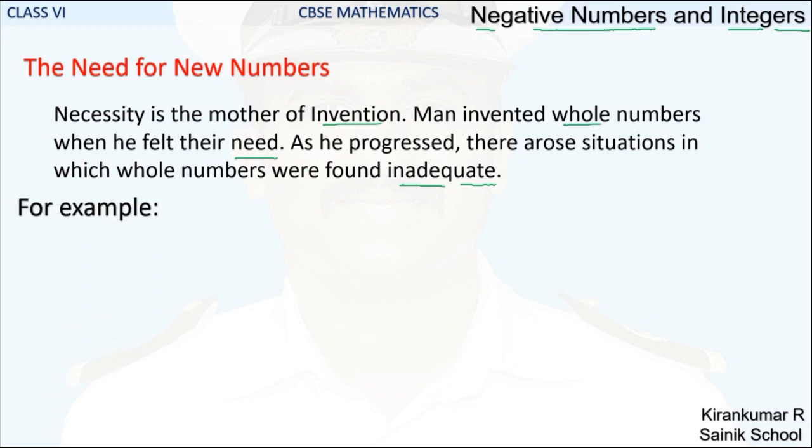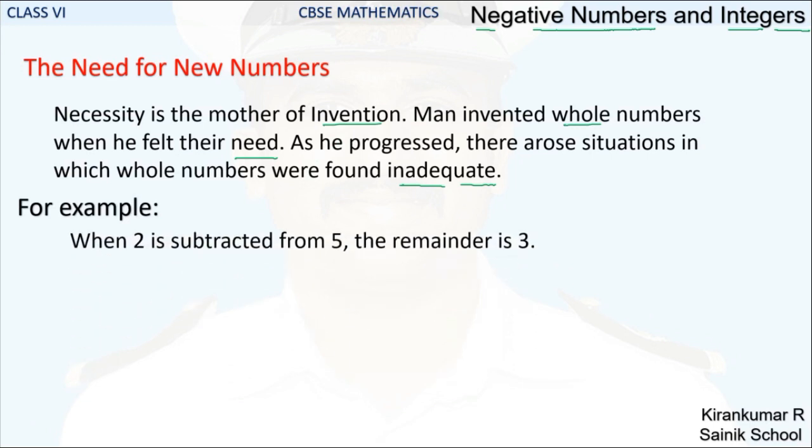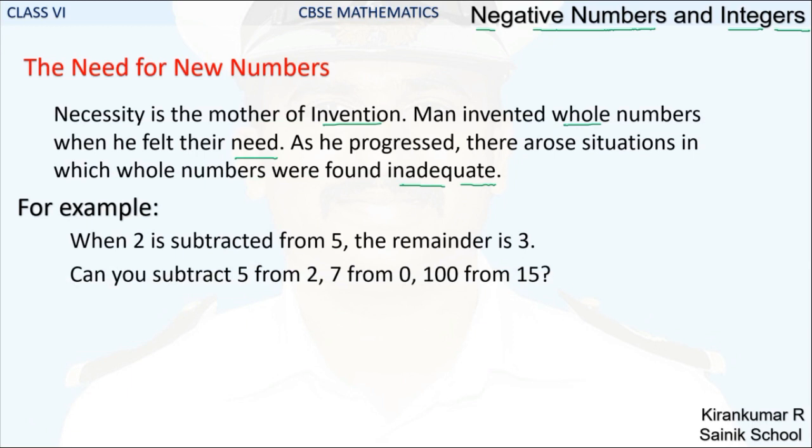For example, when 2 is subtracted from 5, the remainder is 3. Can you subtract 5 from 2, 7 from 0, 100 from 15? That is 2 minus 5, 0 minus 7, 15 minus 100. Obviously not.